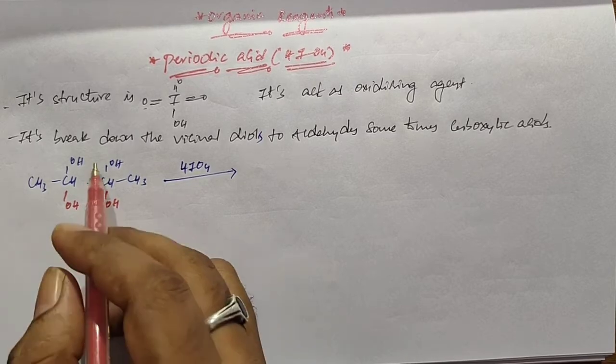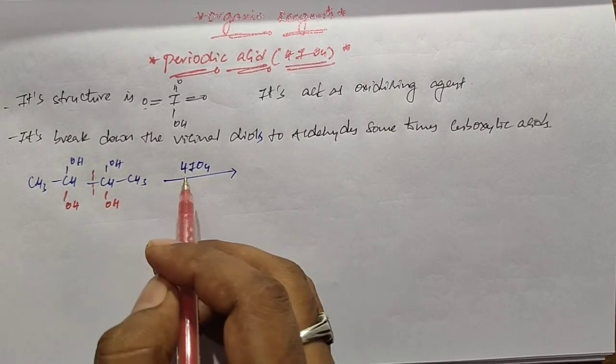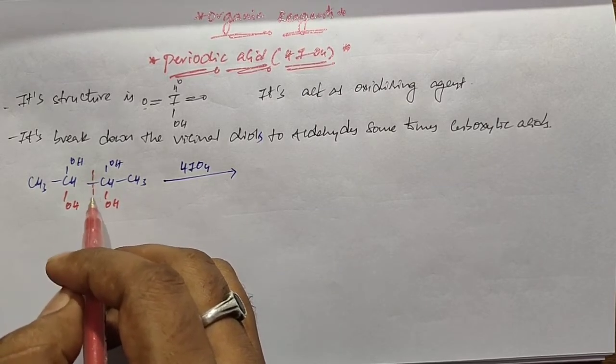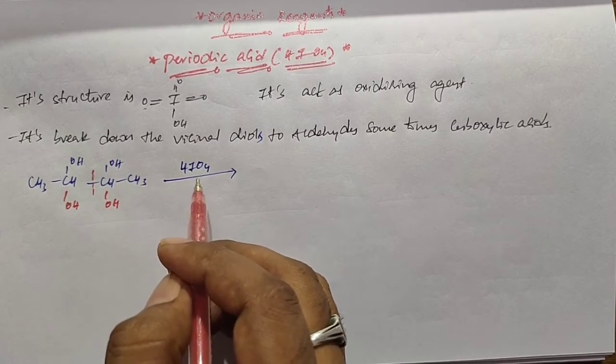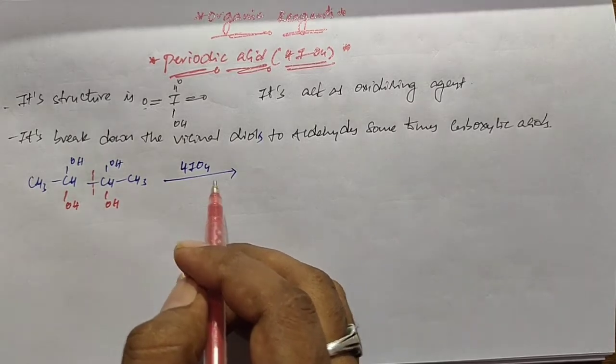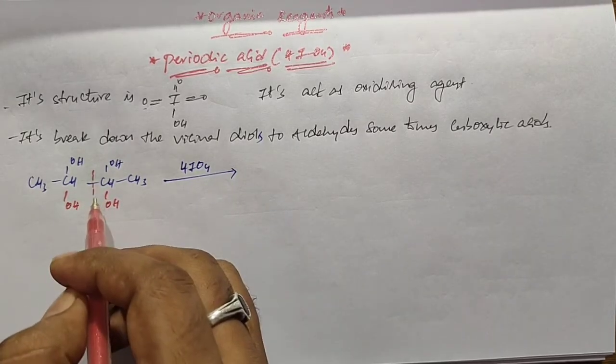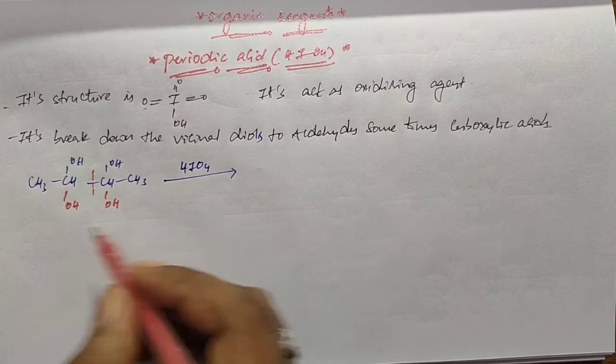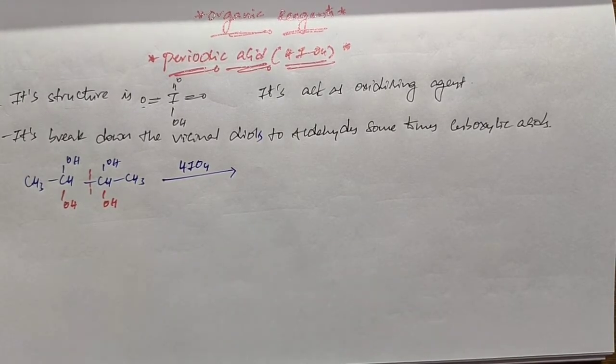So the breakdown is possible like this in the presence of periodic acid. The number of breakdowns decides how many moles of periodic acid are required. Suppose here one breakdown can be done, so we need 1 mole of periodic acid. After that we get compounds like this.